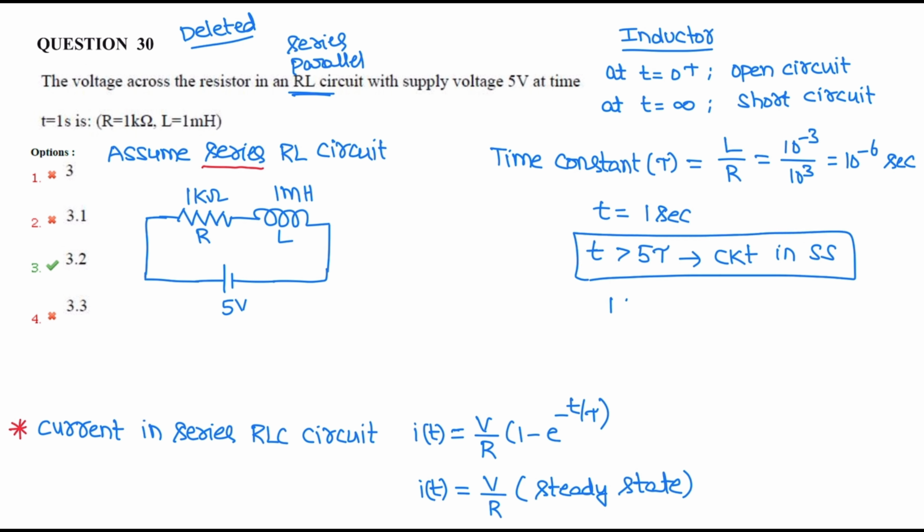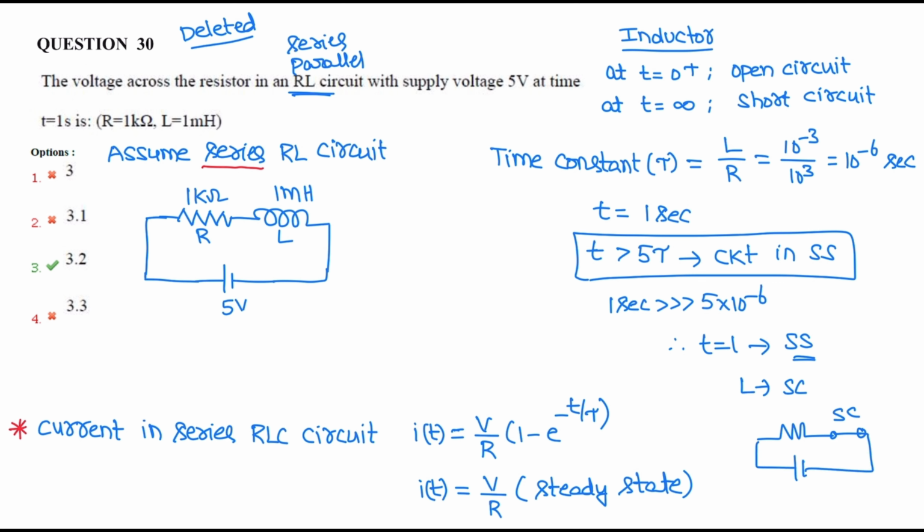Here time 1 second is very high, much greater than 5 times 10 power minus 6. Therefore, at t equal to 1 second, the circuit is in steady state. In steady state, this inductor acts like a short circuit. Now the equivalent circuit consists of only the resistor connected to a voltage source of 5 volts, 5 volts and 1 kilo ohm.